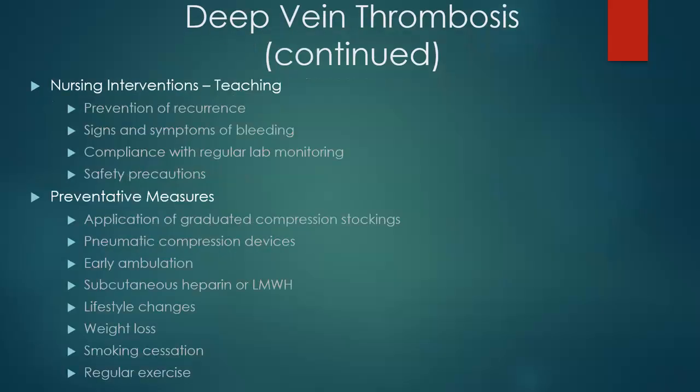For teaching, prevention of recurrence is really the key here. So activities such as early ambulation and active leg exercises are really important. And then we want to monitor for adequate fluid intake and avoid constrictive clothing. We want to avoid sitting with our knees bent or crossed for long periods of time, and standing for long periods.